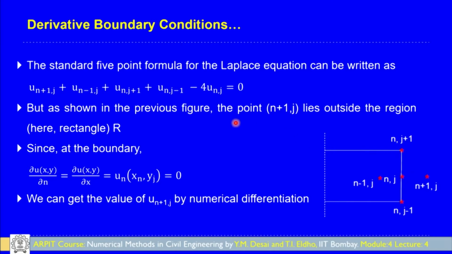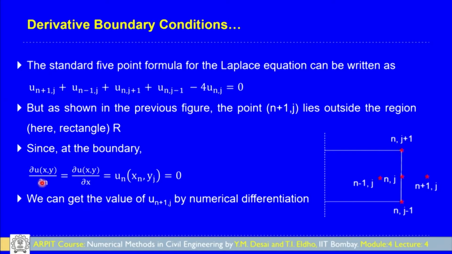That is the standard 5-point formula. We are considering delta x as the distance from this node to this node, and we consider outside the domain another delta x and put it as n plus 1, j. As shown in the previous figure, the point n plus 1, j lies outside the region, outside the rectangle.